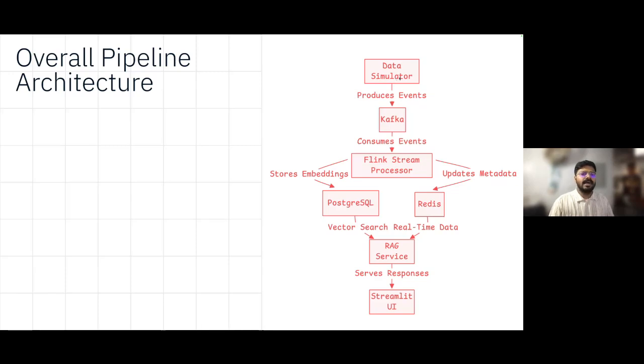We are producing events that could be produced from an inventory management system, like logistics, orders, those kinds of things. We use this data to show you how the RAG system could help us in this.